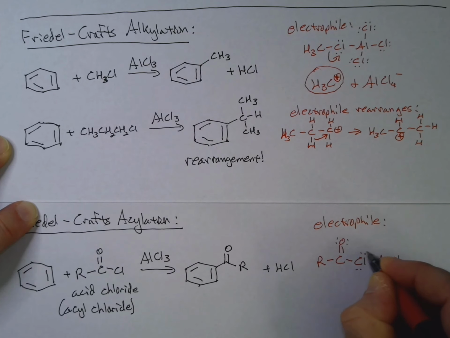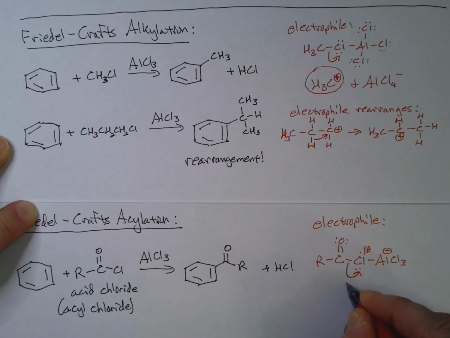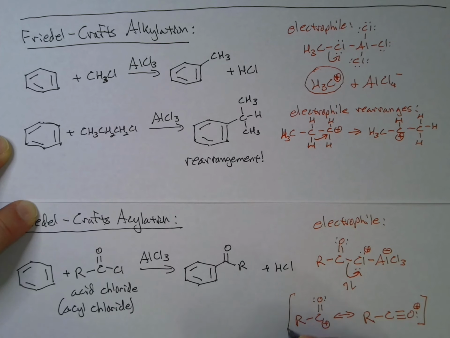And then we would have a positive formal charge there, negative formal charge there. We'll actually get the C-Cl bond breaking to make an RC double bond O plus and RC triple bond O plus. You get that following resonance structure. And this is an acylium ion. And this is the actual electrophile.